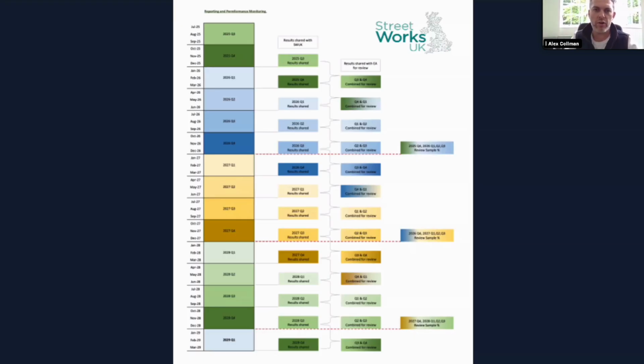So you can see right at the top there, the testing starts in earnest from October the 1st, or essentially Q4 2025, at which point results need to be submitted by the end of Q1. They then get assessed by the Environment Agency, and then conversations will be had with Streetworks UK about how that's working.